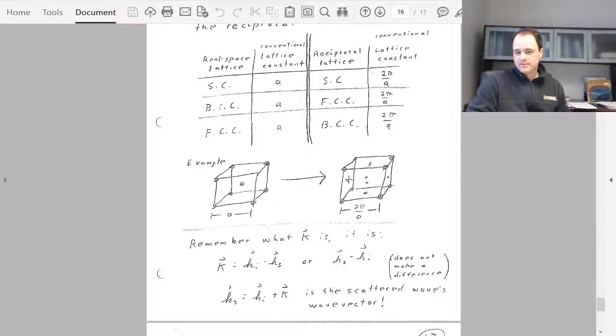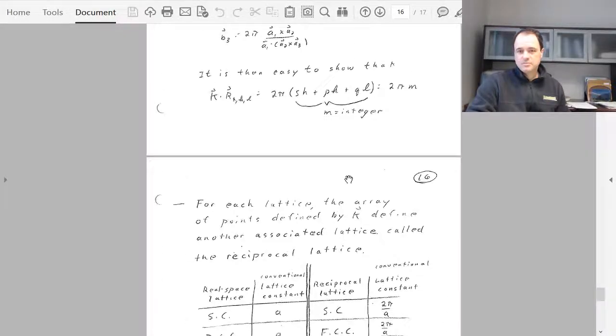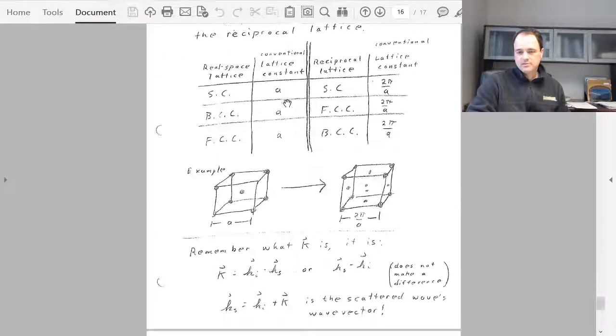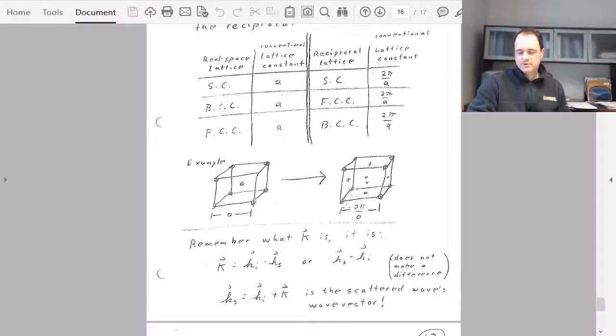If you then do this operation to get the B's, you will find that those reciprocal space lattice points have this configuration, which you realize, hey, these are face atoms here. So my BCC real space lattice has associated with it this face-centered cubic lattice in reciprocal space. And that's what we're showing here.